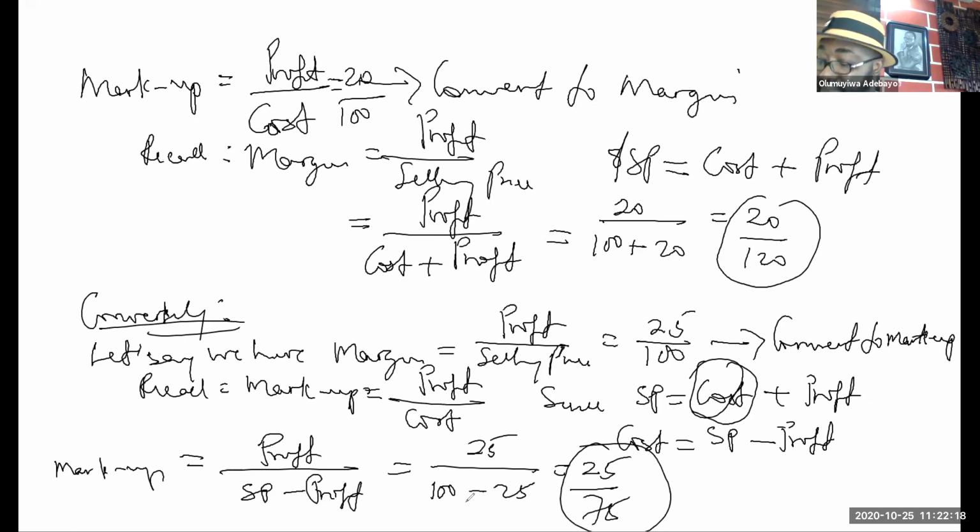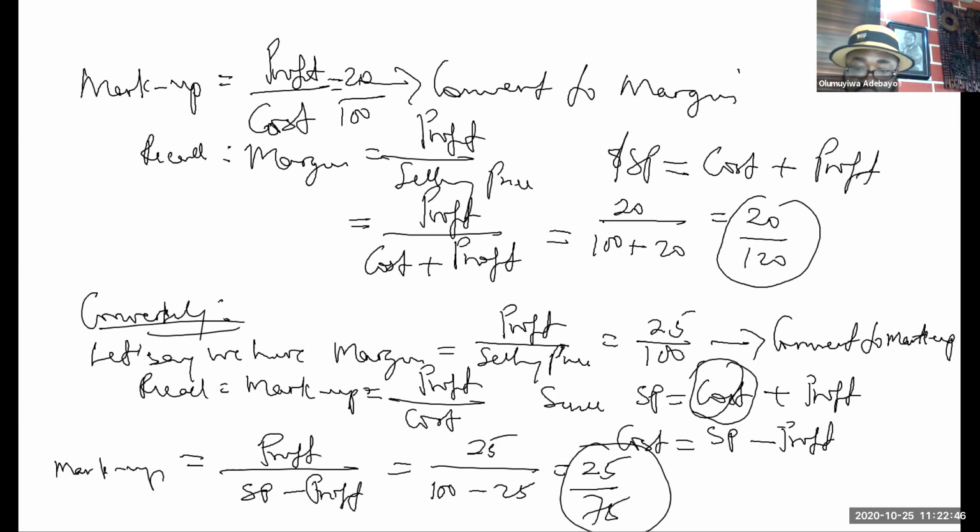Any question on that? On how you can convert? And you know, you only convert when you need to convert. If they give you cost and markup, you don't need to convert, you apply it straightforward. If they give you sales value and margin, you don't need to convert. The only time you convert is that they gave you cost and they gave you margin, they can't match. Or they gave you sales value and they gave you markup, they can't match.